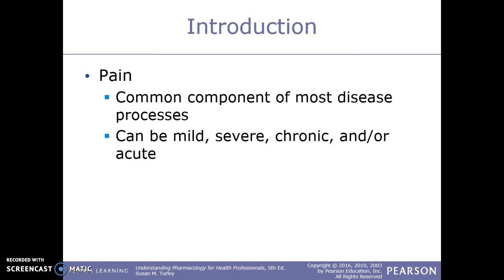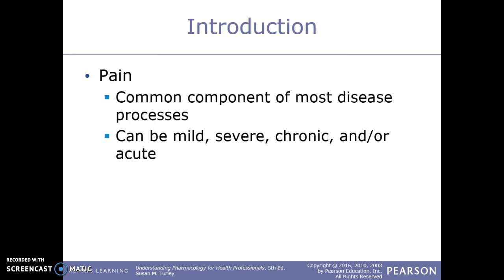Obviously, the type of pain you've got is going to determine what type of analgesic is most appropriate. And typically, we want to treat the pain with the least amount of pain relief as possible. No side effects would be ideal.